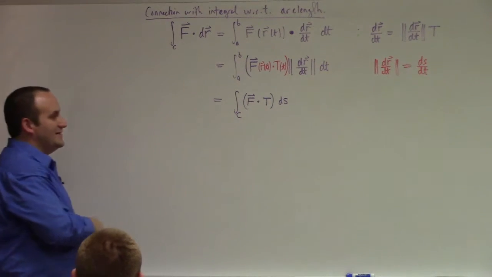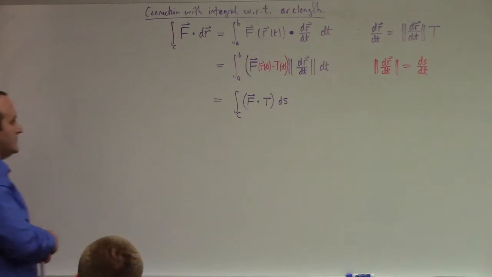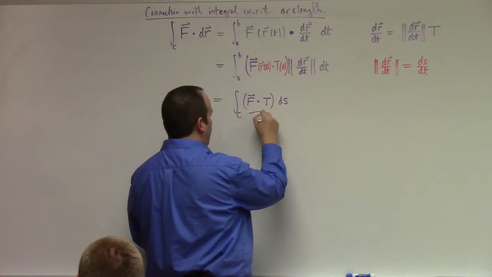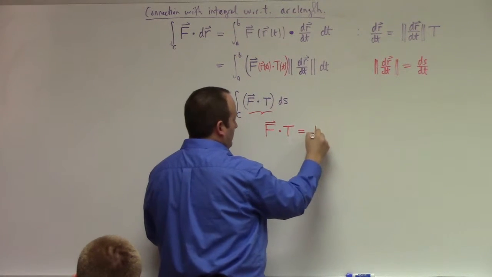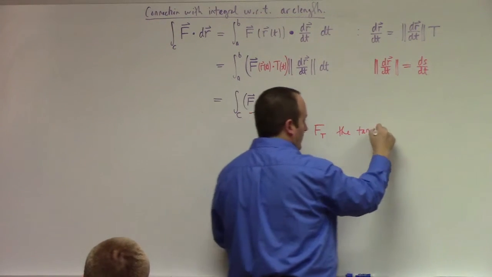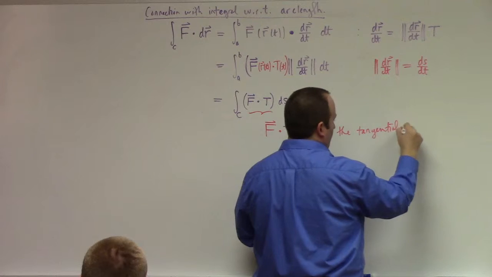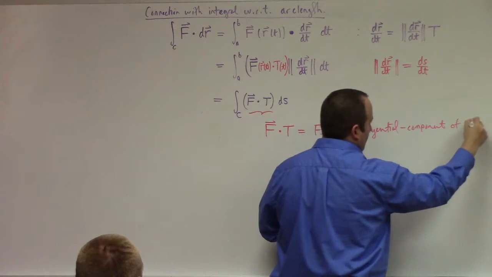Ugly. But that is f dot T integrated. It's the arc length integral of f dot T. What is f dot T? You could call it f sub T. It's the tangential component of f, right?